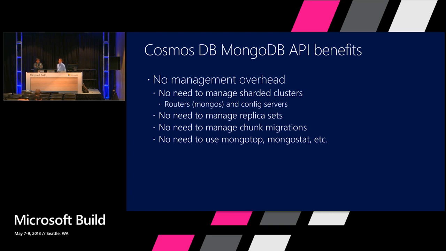The replica set management is essentially internal to all Cosmos DB operations, all APIs, because the data gets replicated 4x, not 3x, in all APIs by default in a single region. The partition management is also built in, again in all APIs, so the MongoDB API simply benefits from that. And there's no need to take care of chunk migration, so we take care of that as well.